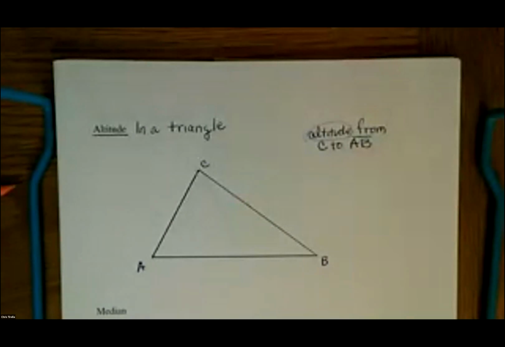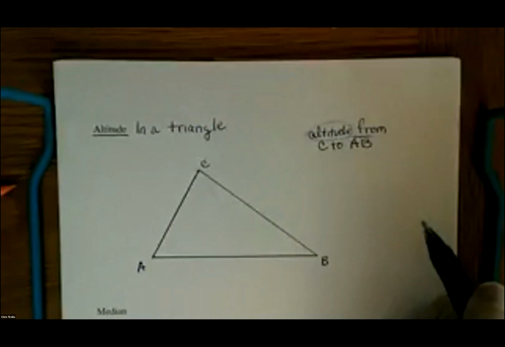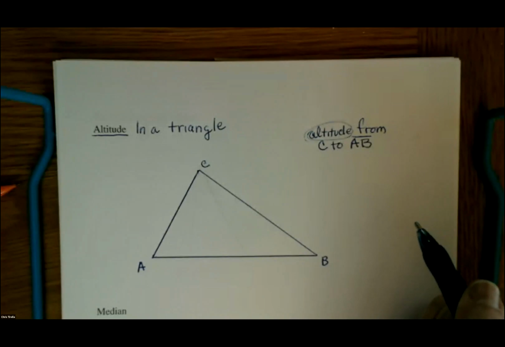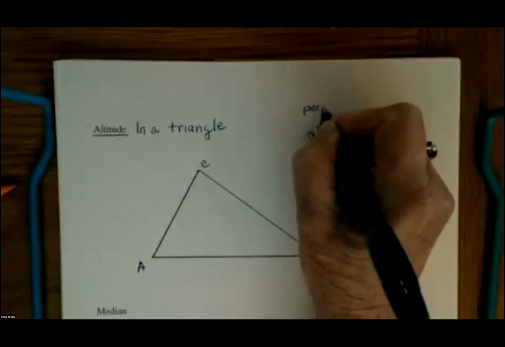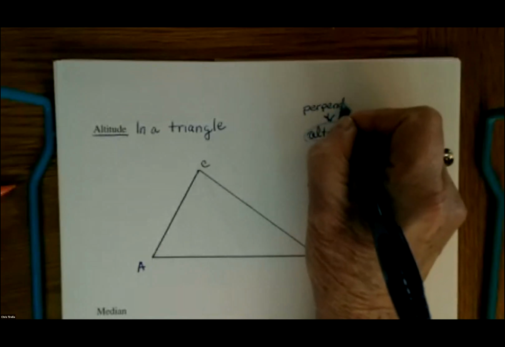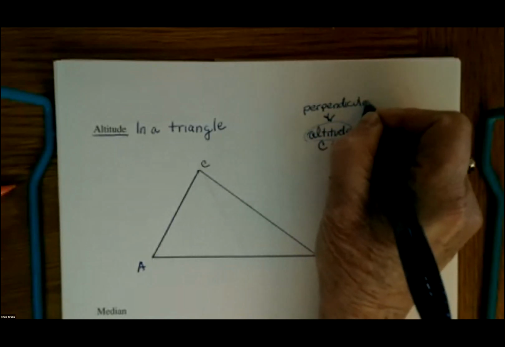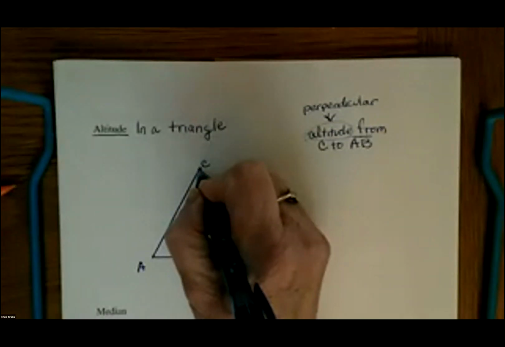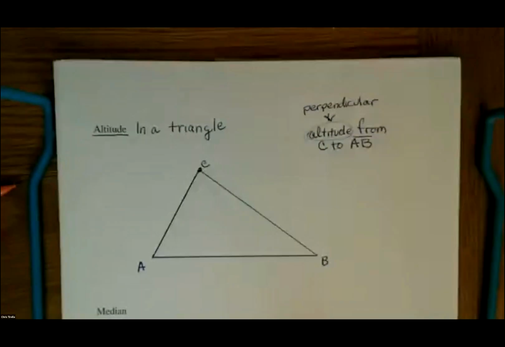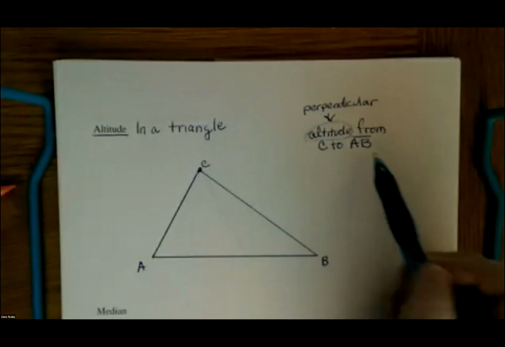What's special about the altitude? How do you know when you have the height in a figure? Doesn't it have to be perpendicular? Altitude needs to form right angles. And so from C, I want a perpendicular to AB.